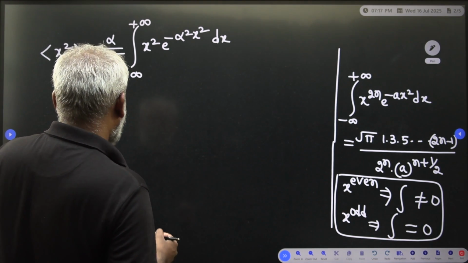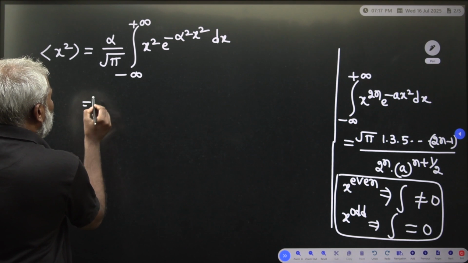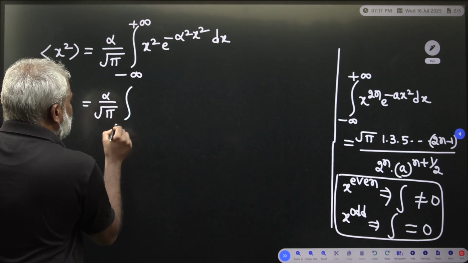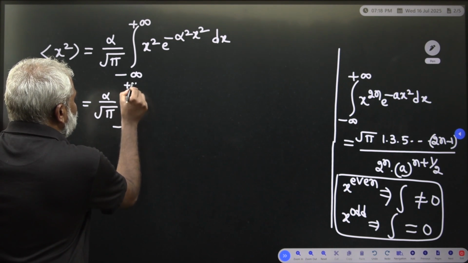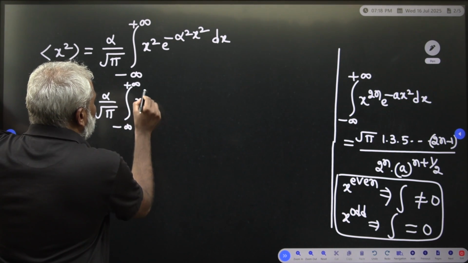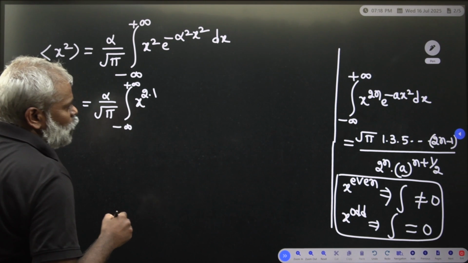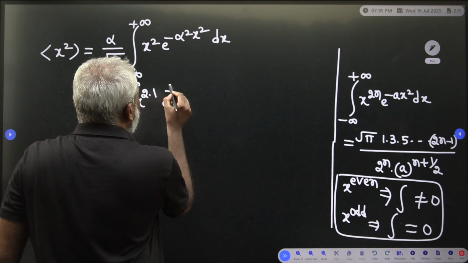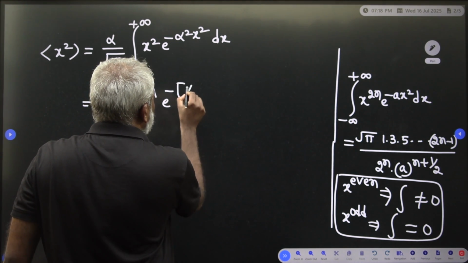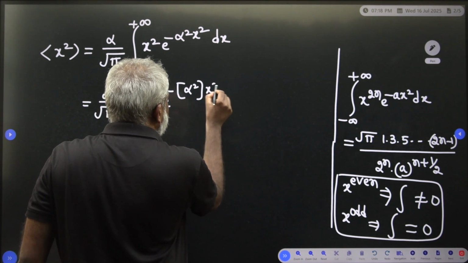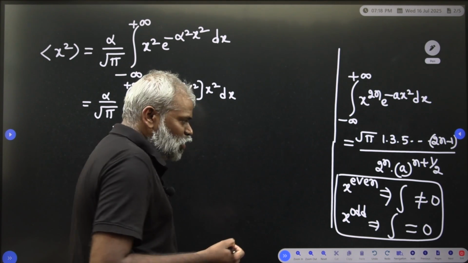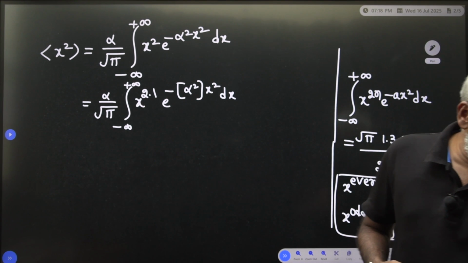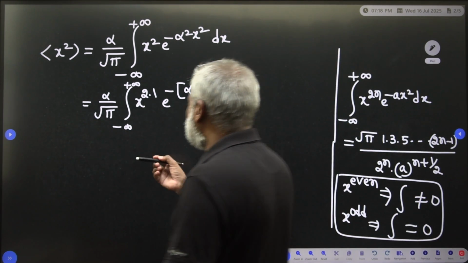So what we have to write here: alpha by root pi into the integral from minus infinity to plus infinity of x to the power of 2 into 1, that is 2 into 1, e to the power of minus alpha square x square dx. Just take that formula and substitute.